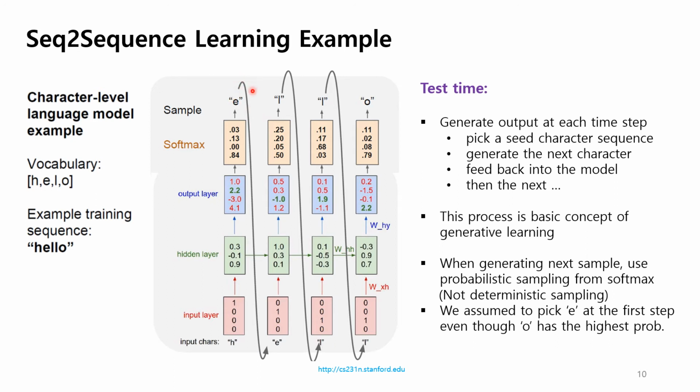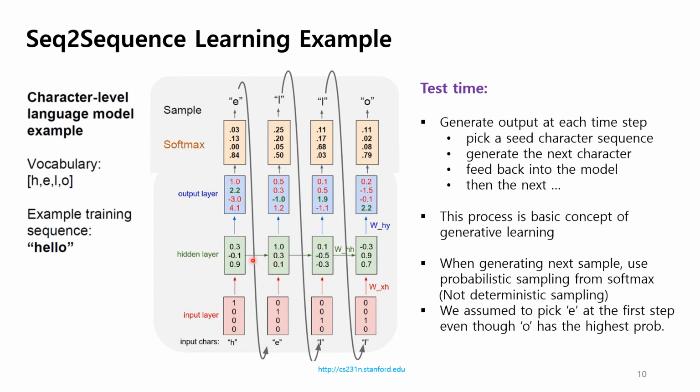And it comes in here as the next input. So we repeat: we use the hidden values and use E as input. The output of the previous state comes in as input here.